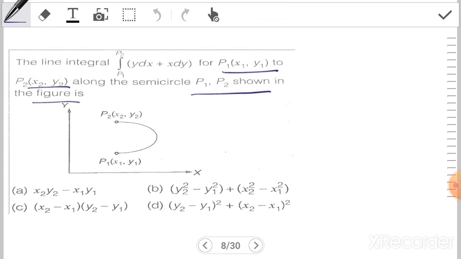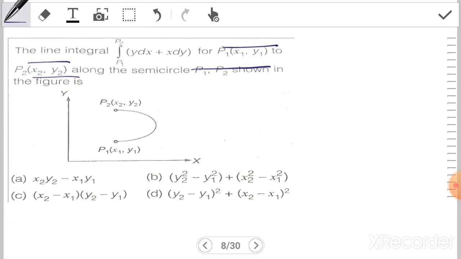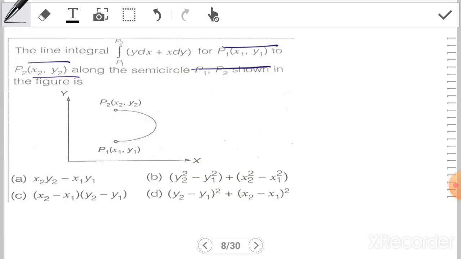So this is a semicircle and you can say that P1 P2 is a diameter. Right? If P1 P2 is a semicircle, we can say that P1 P2 is a diameter.